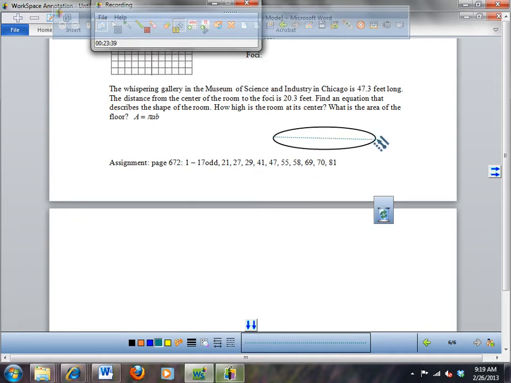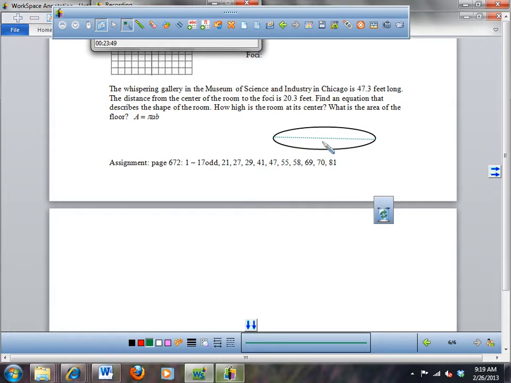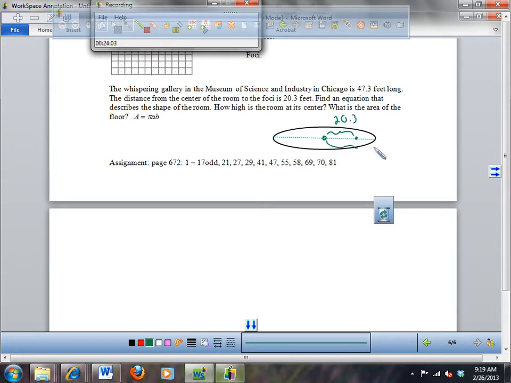And the distance from the center of the room to the foci is 20.3. So from here to here, and I'm just assuming that it's oriented this way, this has got to be 20.3, and from here to here would have to be half of 47.3.